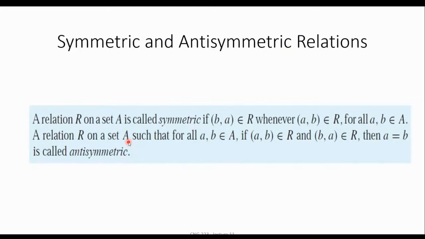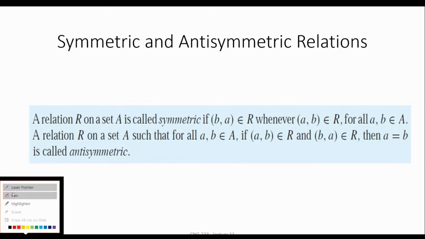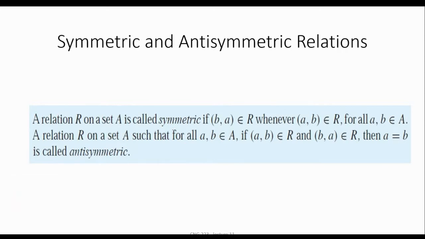What about these two properties, symmetric and antisymmetric? A relation R on a set A is called symmetric if (b, a) belongs to R whenever (a, b) belongs to R. The whole pair is just one element of the relation.